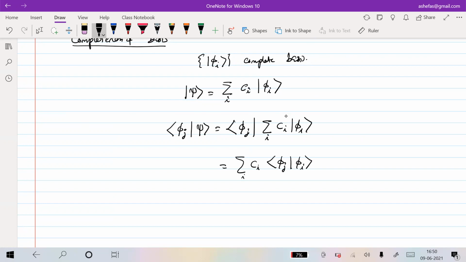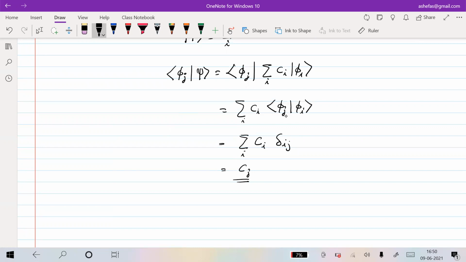Now this is a complete basis, and we also have to assume it is orthonormal. If it is orthonormal, then the inner product phi i phi j must be equal to delta ij. So therefore this becomes sum over i ci delta ij, or that will be simply equal to cj. So the expansion coefficient cj is simply phi j psi.